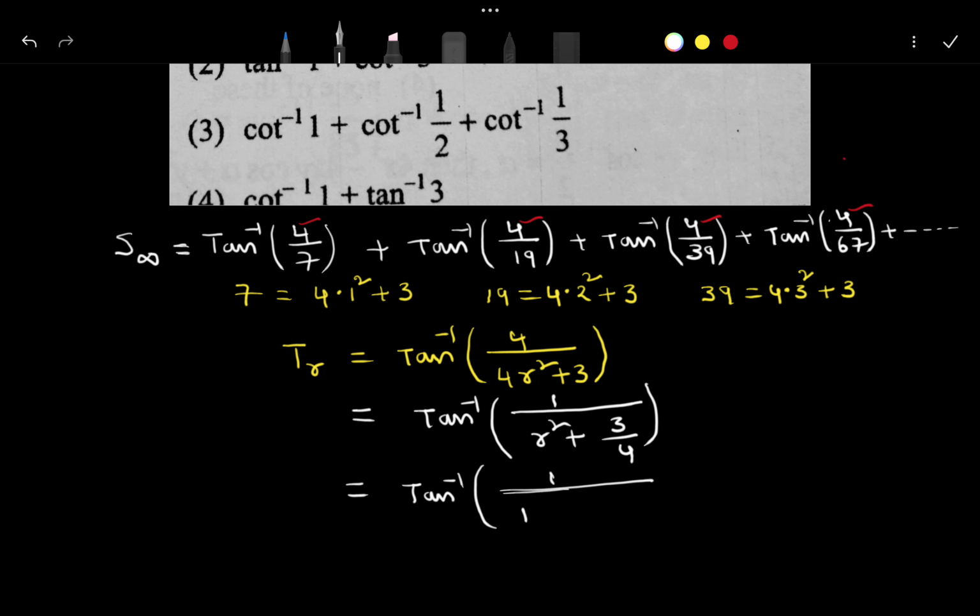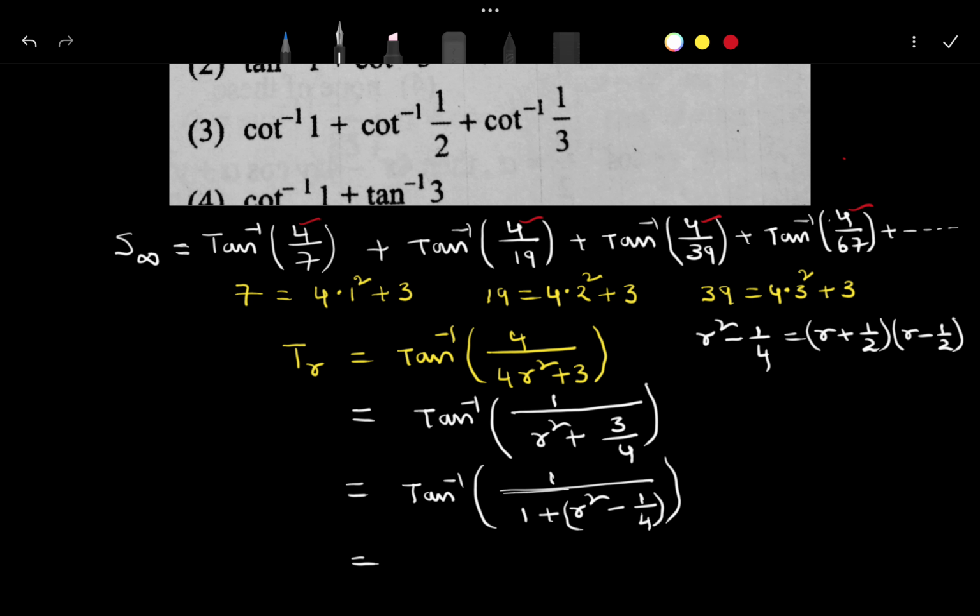So this will be 1 plus r square minus 1 by 4, where 1 by 4 is 1 by 2 whole square. Now take r square minus 1 by 4, which you can write as r plus 1 by 2 into r minus 1 by 2.